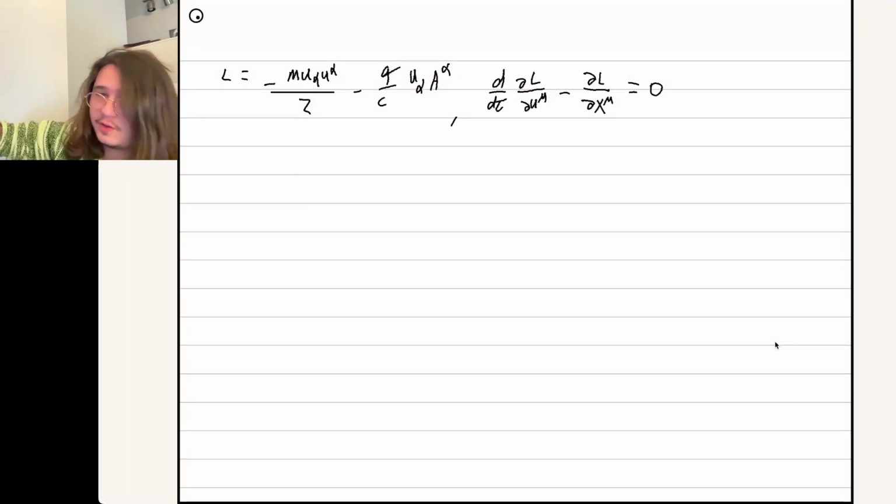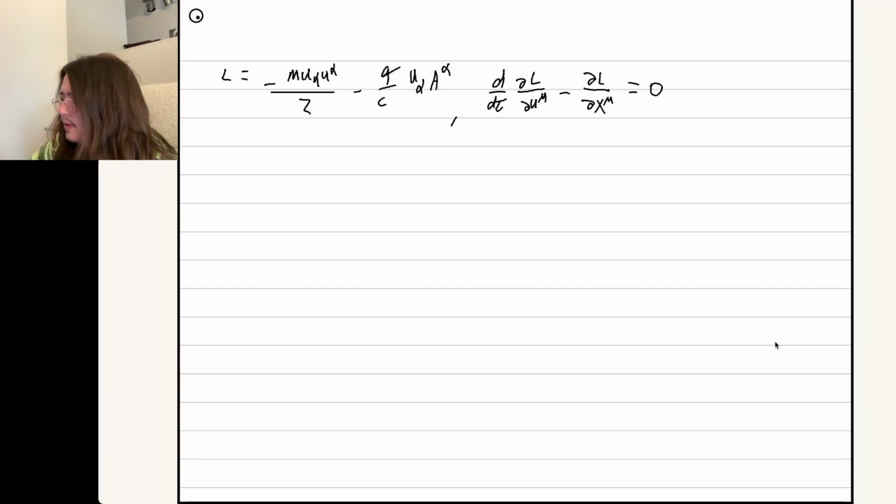We have this covariant form of a Lagrangian for a particle of mass m moving through a 4-vector field A^α, and we're going to use the covariant form of the Euler-Lagrange equation to get the equation of motion for this.